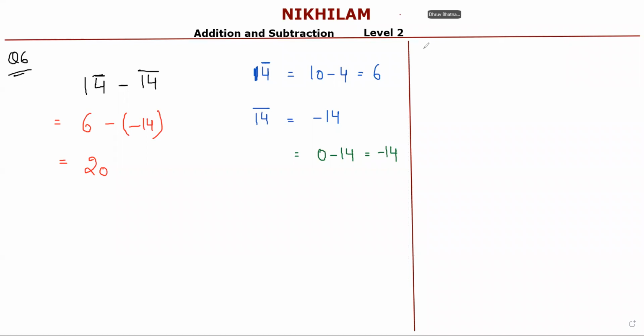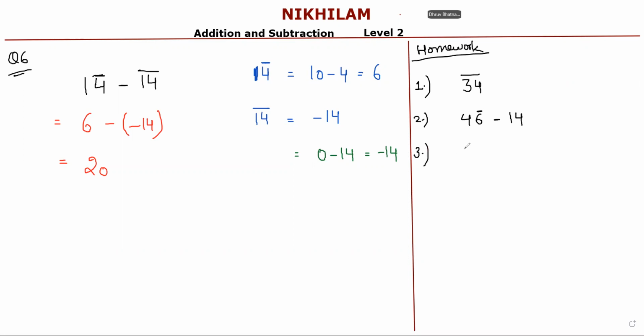Now this is homework time. So the homework questions. First question is, solve 34 bar. Second question, 46 bar minus 14.